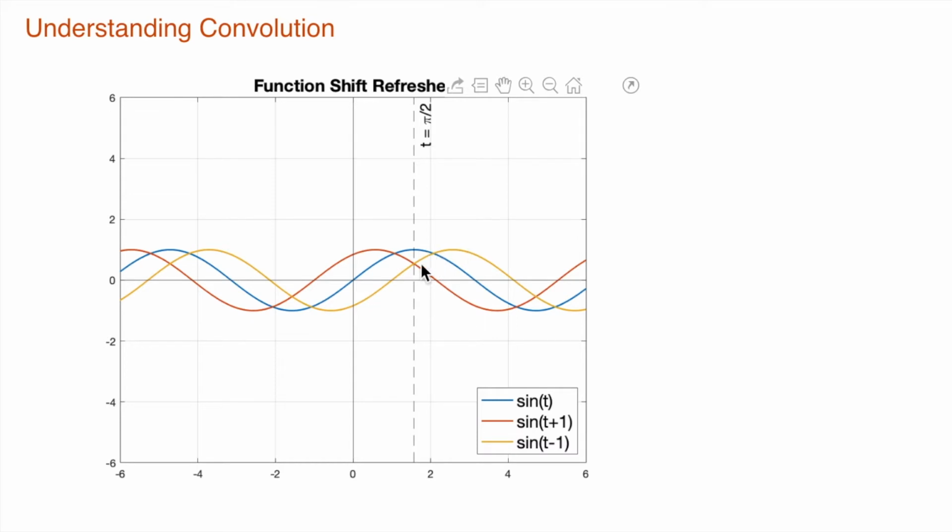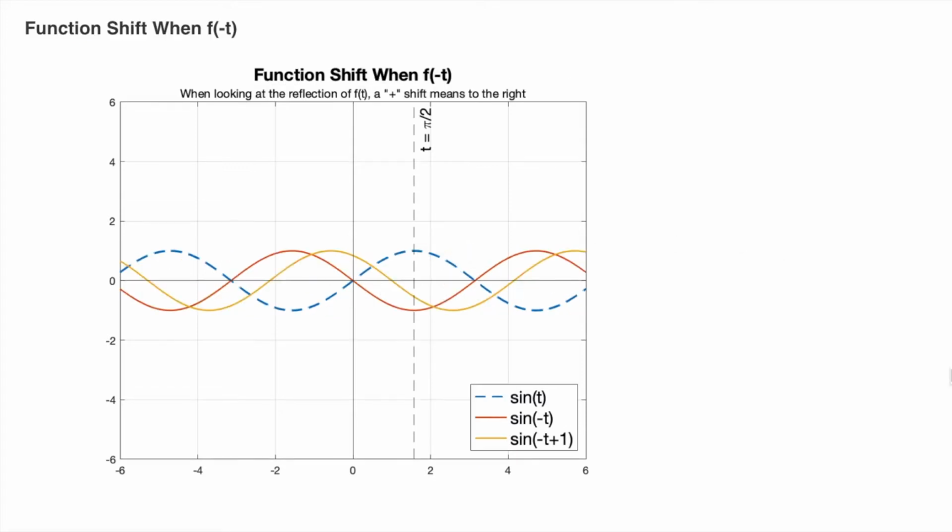Can you see that? So again, if we've got a positive shift, it means the function has been shifted to the left. We can see the blue line to the red line, it's been shifted to the left. If we've got a negative shift, it means the function is being shifted to the right. So you can see from the blue line to the yellow line, it's being shifted 1 unit in the right direction.